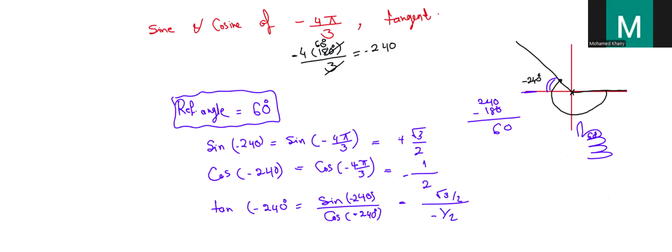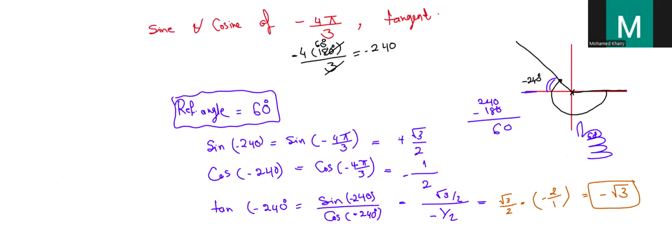Keep, change, flip as we've learned together. So it's going to be radical 3 over 2 times negative 2 over 1. You can see the 2 with 2 will go, so we still have negative radical 3. This is my final answer.